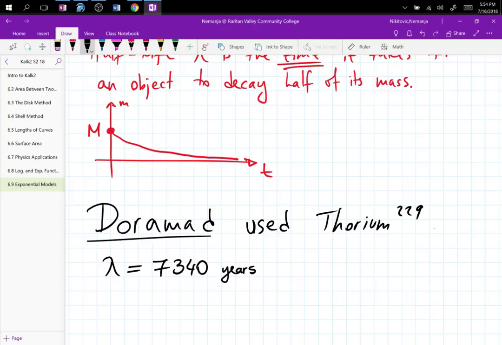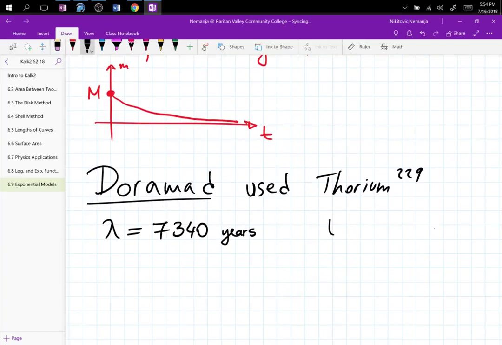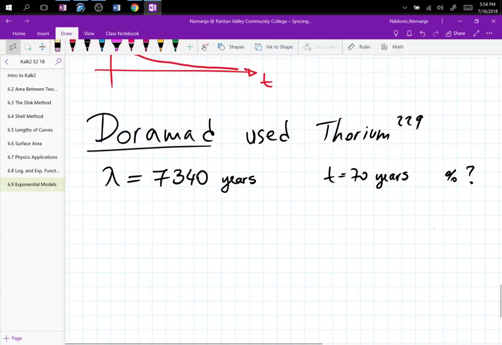What percent of the original dose of thorium applied to the teeth is still there after 70 years have passed? The time frame is 70 years, and I want to know the percent of thorium left on their teeth.